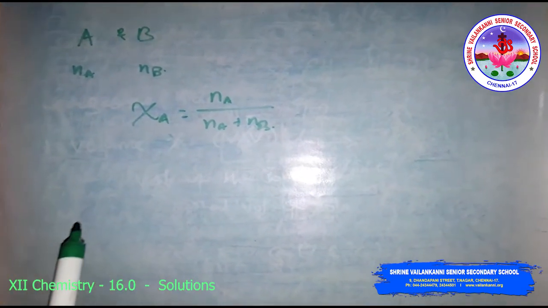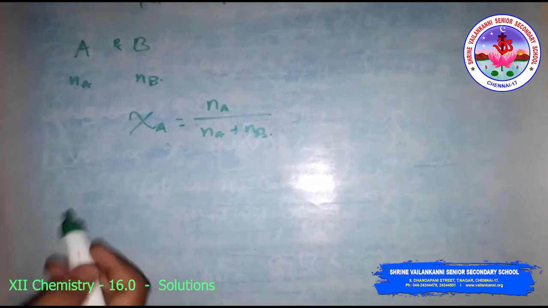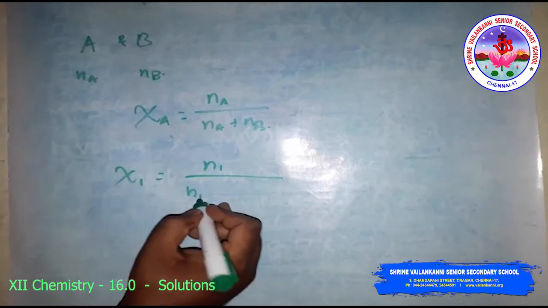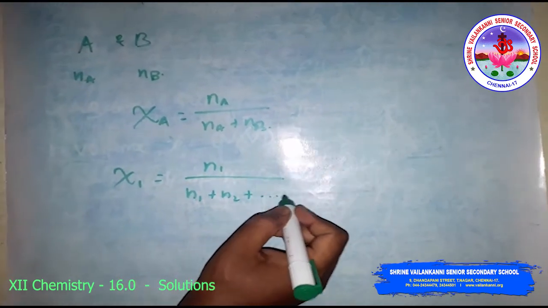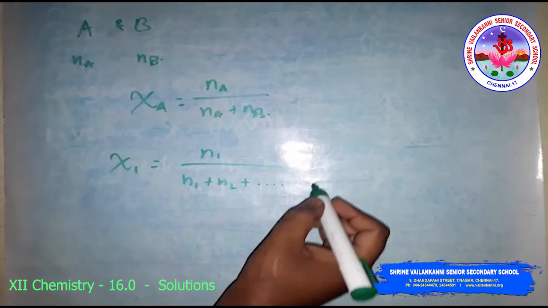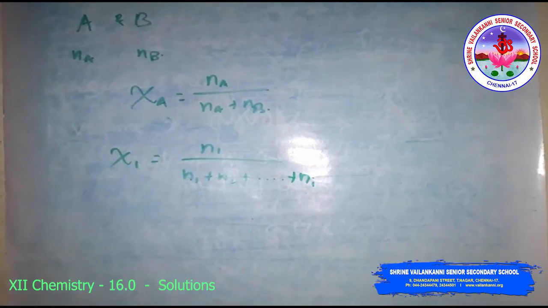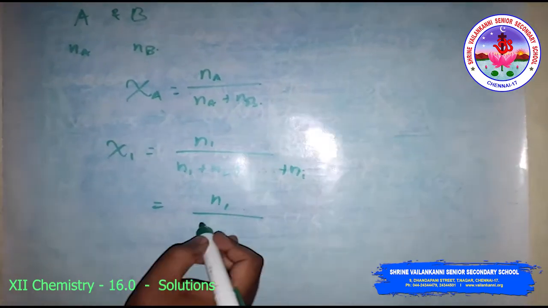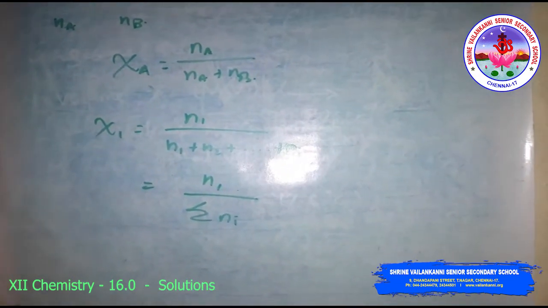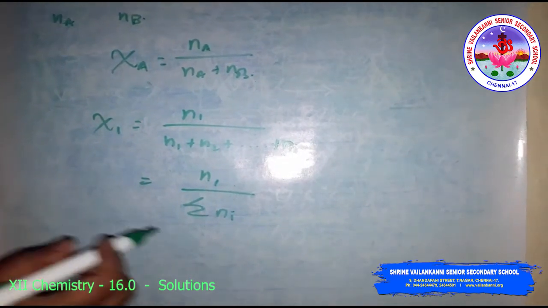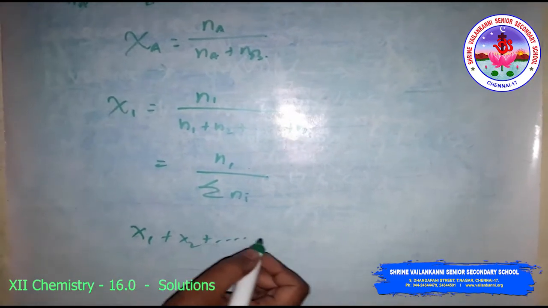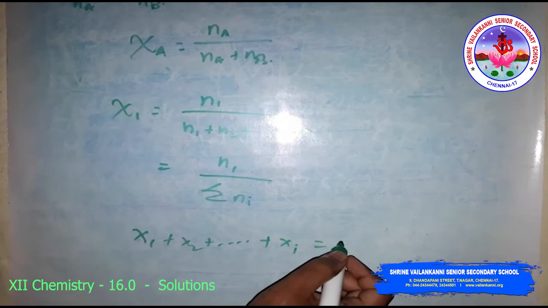For a solution containing i components, chi1 is equal to N1 divided by N1 plus N2 plus N3 and so on up to Ni, that is N1 divided by the summation of Ni. It can be shown that for a given solution the sum of all mole fractions is unity: chi1 plus chi2 and so on up to chi i is equal to 1.